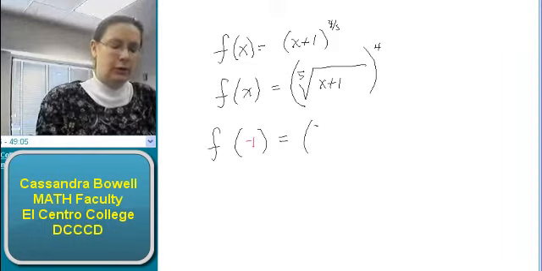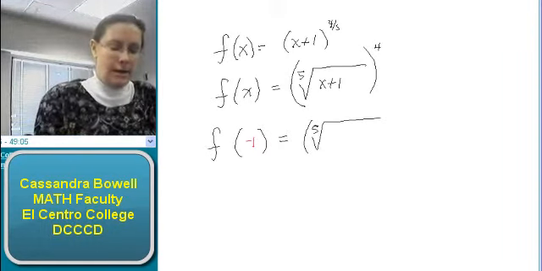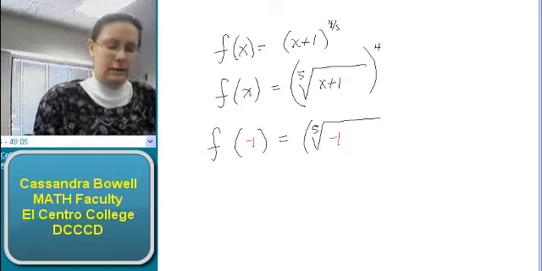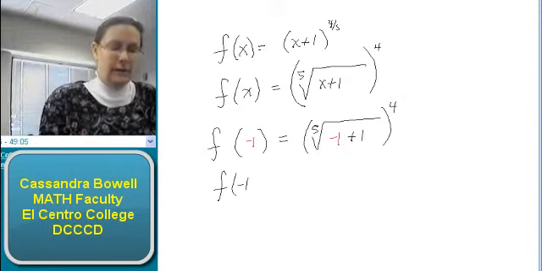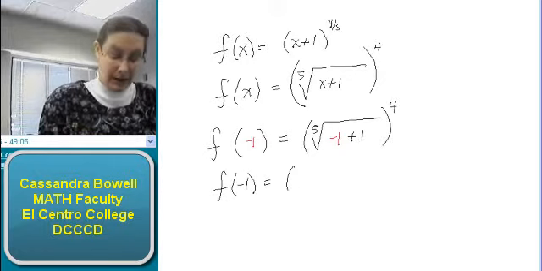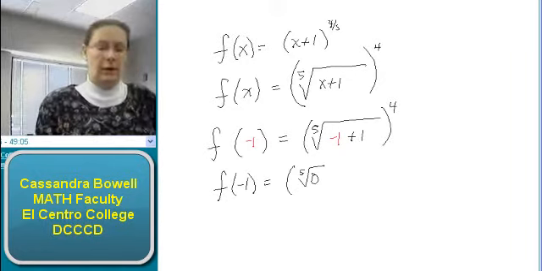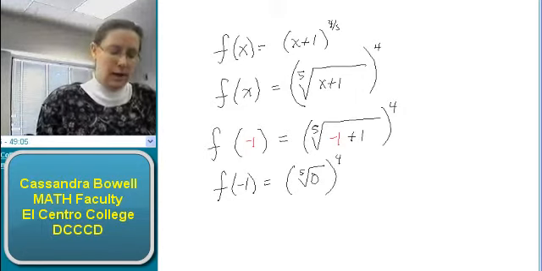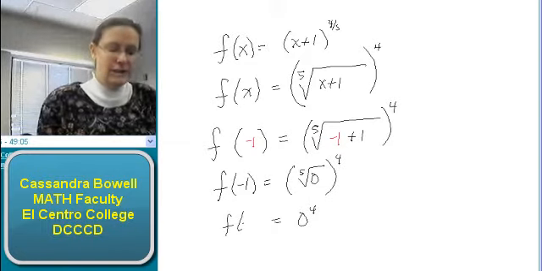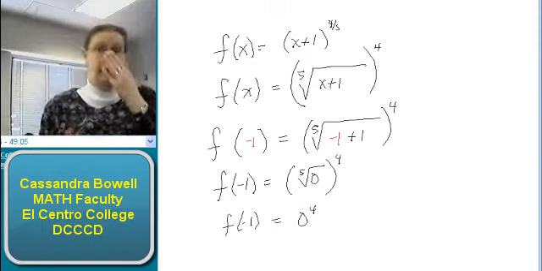So we've got the fifth root of negative 1 plus 1, to the fourth power. This will still be 0. It's true that the radicand is 0, but now it's the fifth root of 0, which is still 0. And 0 to the fourth power is okay. In other words, this is okay because it's not in the denominator.